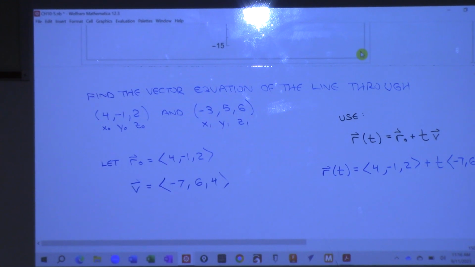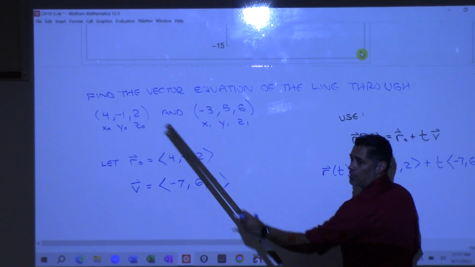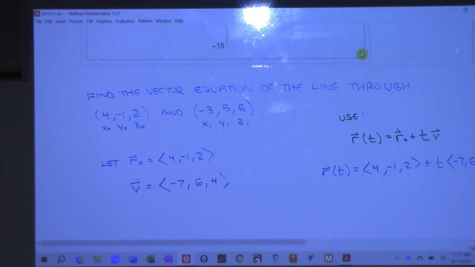And you can check for yourself right now that this will give you both of these points. Start by letting t be 0. If t is 0, you get that, right? Which is the first point. And if t is 1, what happens? You add these two vectors together, right?